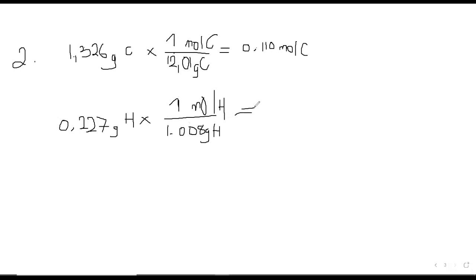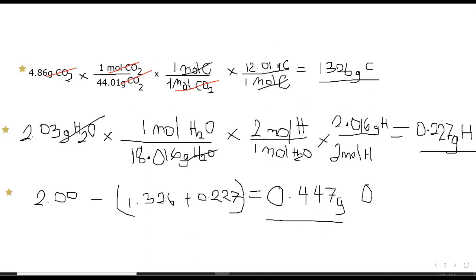When you put that in together, 0.227 divided by 1.008 gives us 0.225 moles of hydrogen.